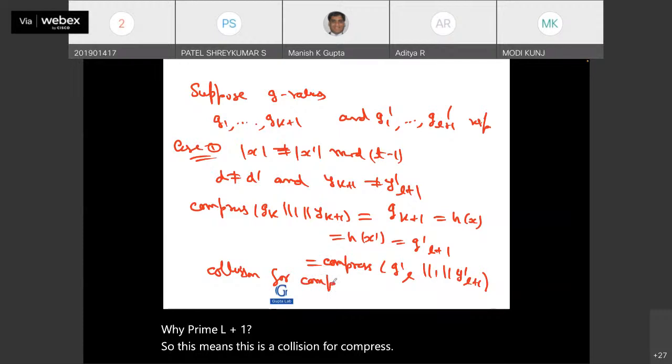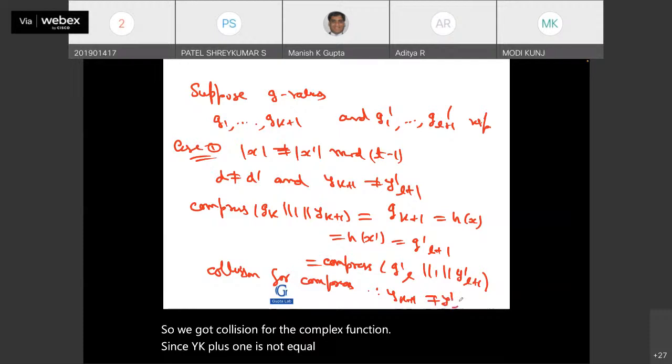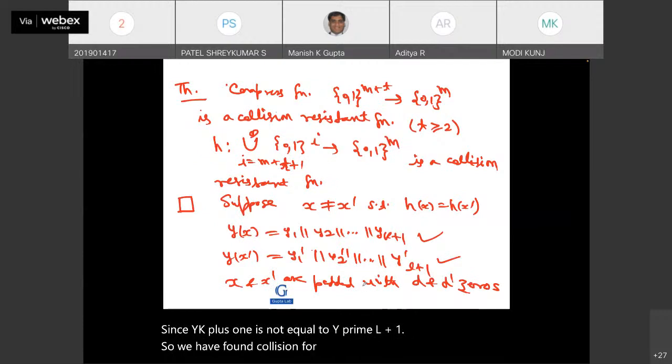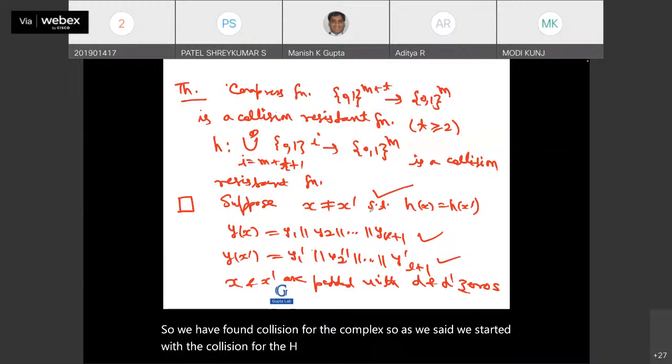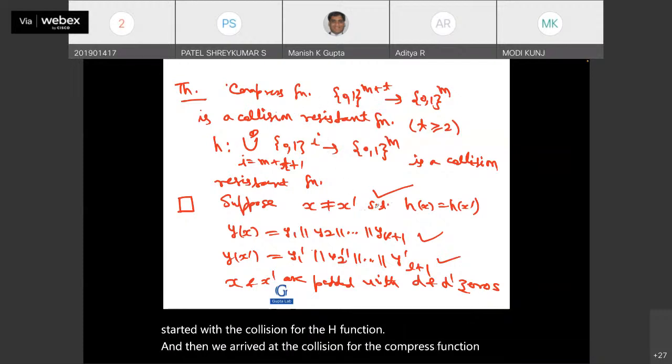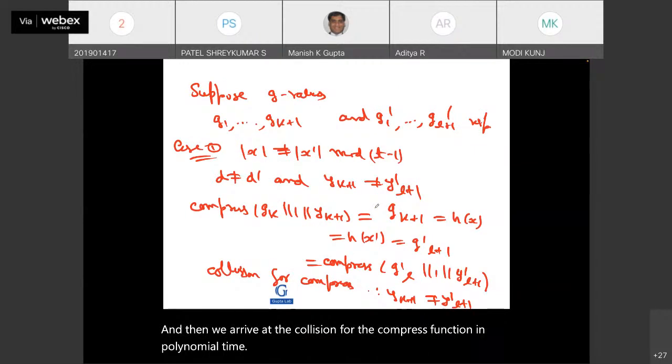So we got a collision for the compress function, since y(k+1) is not equal to y prime (l+1). As we said, we started with a collision for the h function and then we arrived at a collision for the compress function in polynomial time.